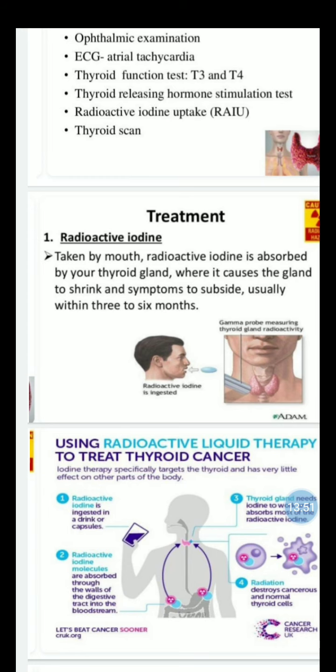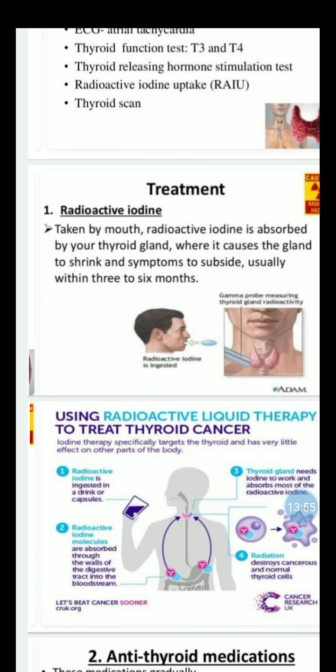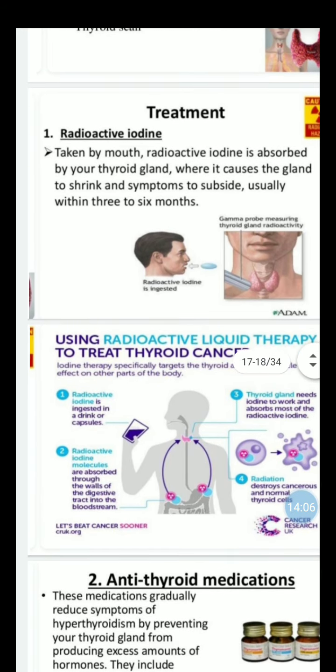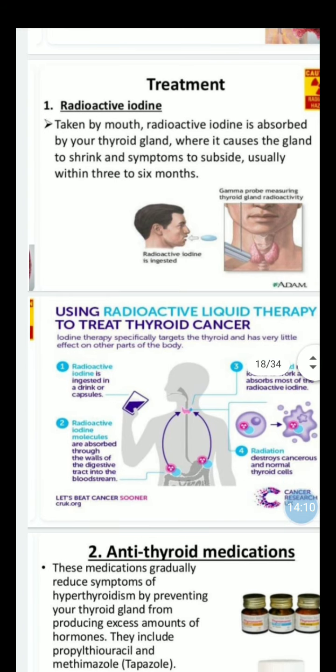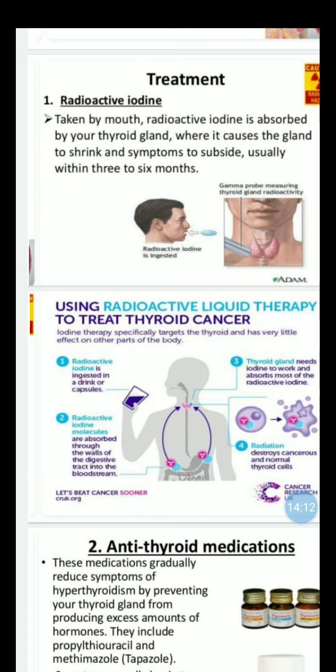This iodine therapy specifically targets the thyroid and has very little effect on other parts of your body. In the first step, this radioactive iodine is ingested in a drink or capsules.